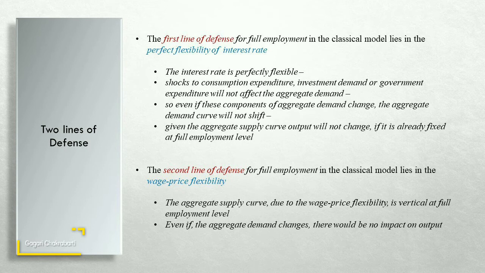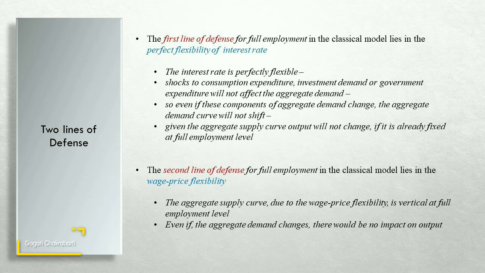The first line of defense for full employment in the classical model lies in the perfect flexibility of the interest rate. Now, if the interest rate is perfectly flexible, then shocks to the consumption expenditure, investment demand, or the government expenditure will not affect the aggregate demand.